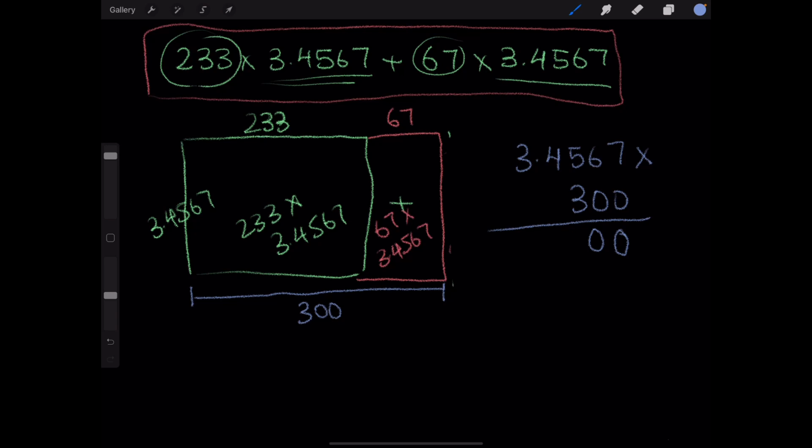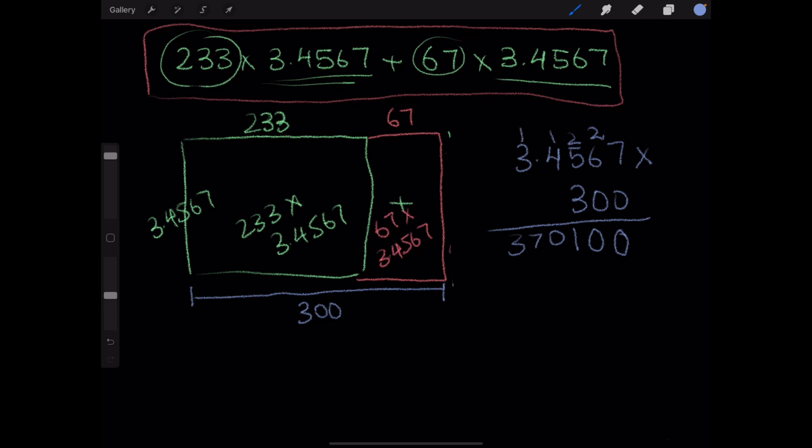And then 7 3s are 21. 6 3s are 18 plus 2 is 20. 5 3s are 15 plus 2 is 17. 4 3s are 12 plus 1 is 13.